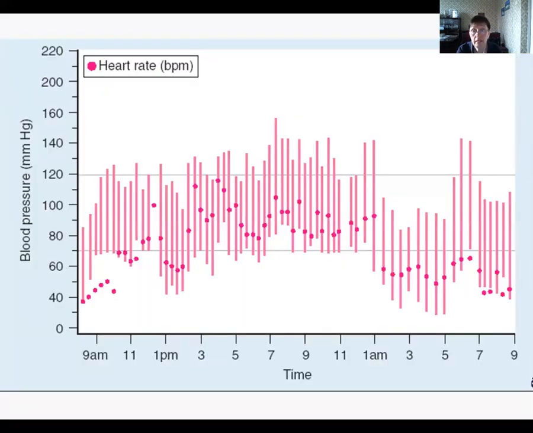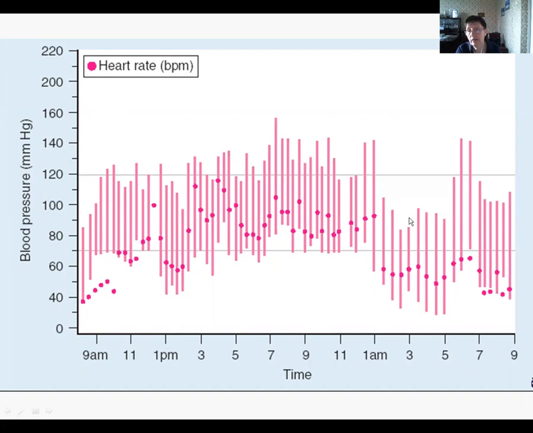And this is an example of a diagram of BP ambulatory monitoring. The dots show the heart rate, and the lines show systolic and diastolic blood pressure. It was measured every 15 minutes during the day and every half an hour during the night.